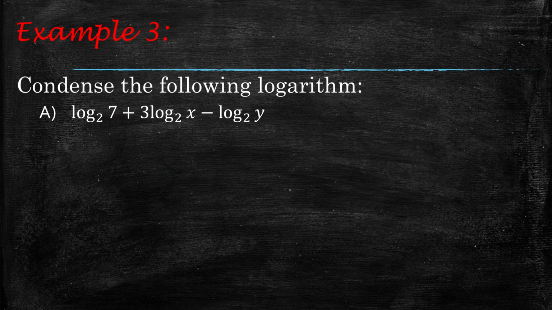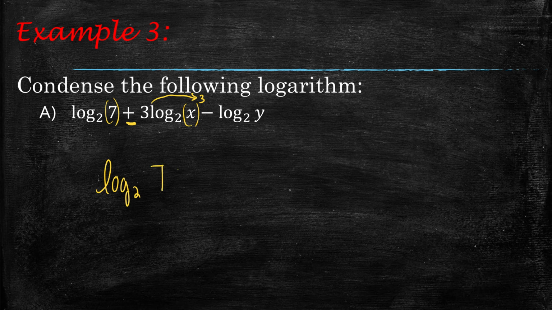Okay, last but not least, we're going to condense this. And so when you're condensing it, we're condensing it into a single log. So we're going to have a single log base 2, and we're going to look at what we're doing here. So we've got 7 that's going to get multiplied by x to the third power.